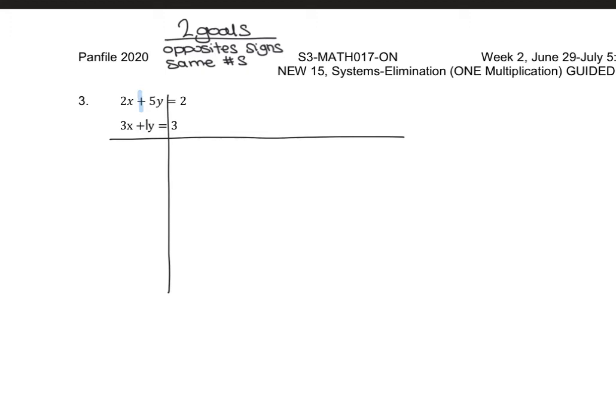So if I'm looking right here, I'm going to take this equation and I'm going to multiply it by 5. And we know the trick for getting opposite signs is to multiply it by the negative.